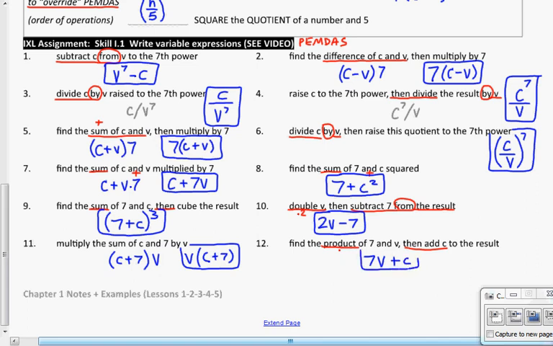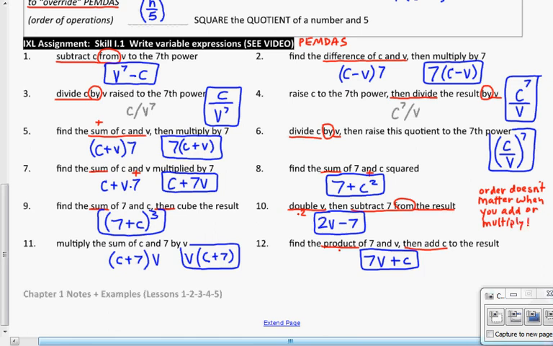All right. Now, keep in mind, with all of these answers, we can add in any order. So order doesn't matter when you add or multiply.